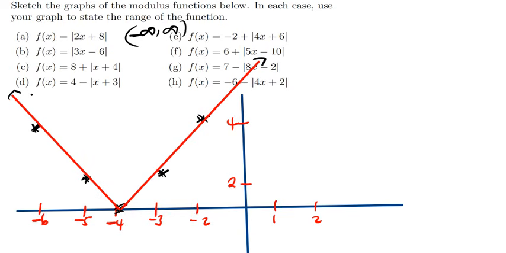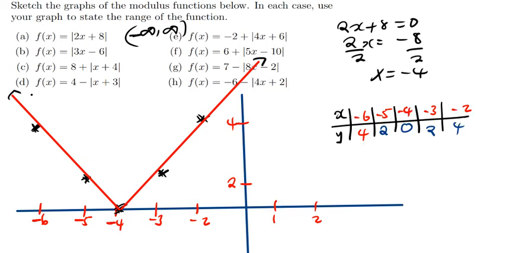Now let's look at the range. For the range, we look at where the graph is starting on the y-axis. The graph is starting from this line, which is y equal to 0. So 0 is included. You can also get the range from the coordinates that you have.